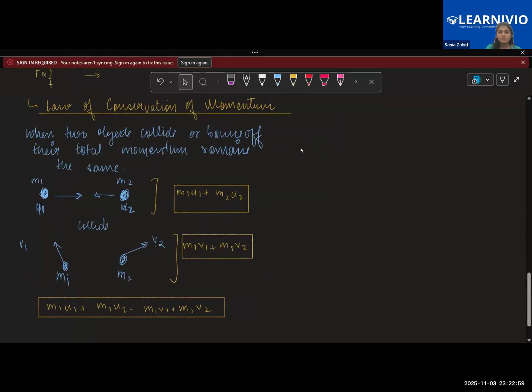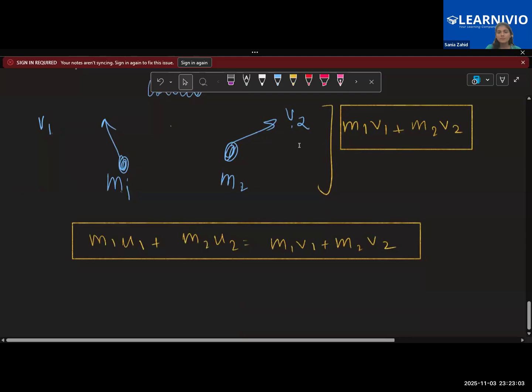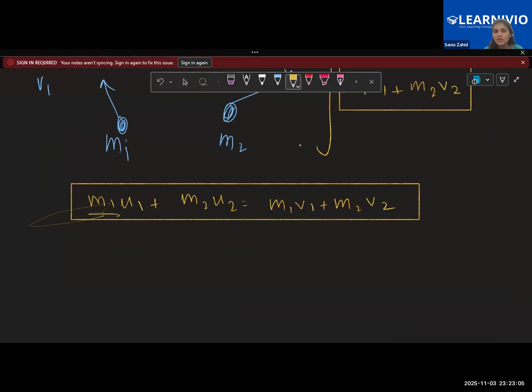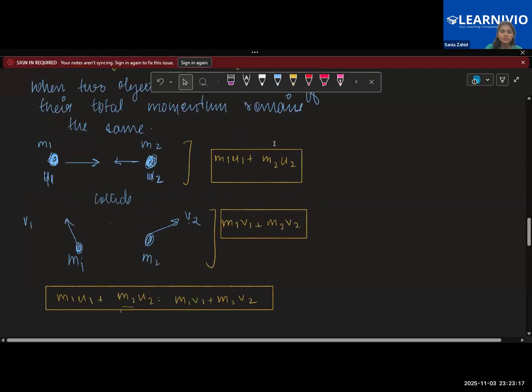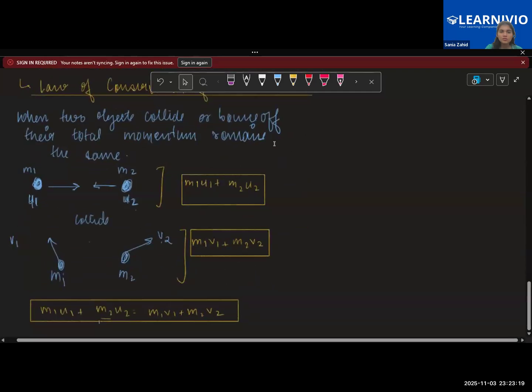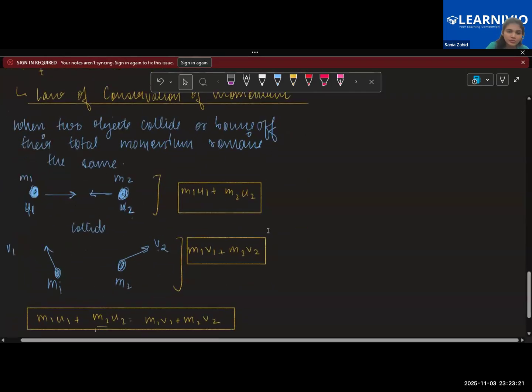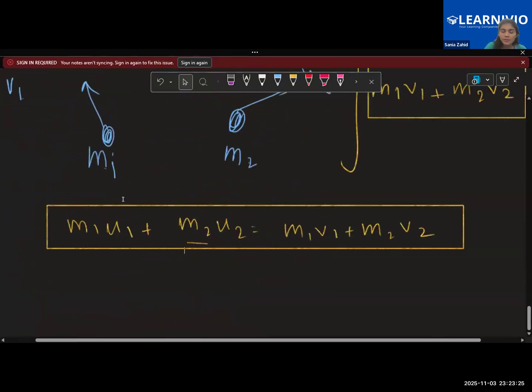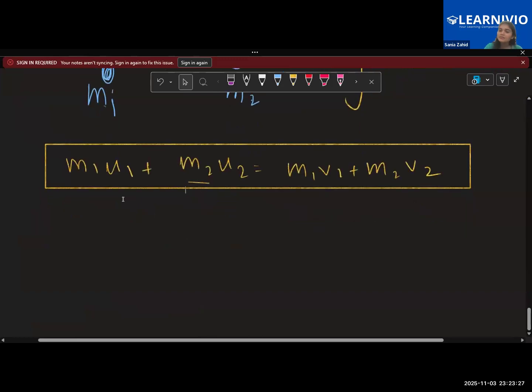But ma'am, can't the m's cancel out? No, the m's are not the same. Here it is m1, here it is m2. So you cannot take it out as common. Something can be cancelled only when it can be taken out as common. Just note down this law of conservation of momentum. But ma'am, there are two m1s and there are also two m2s. But they are on either side.